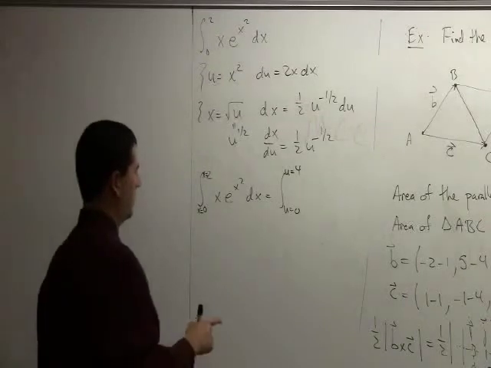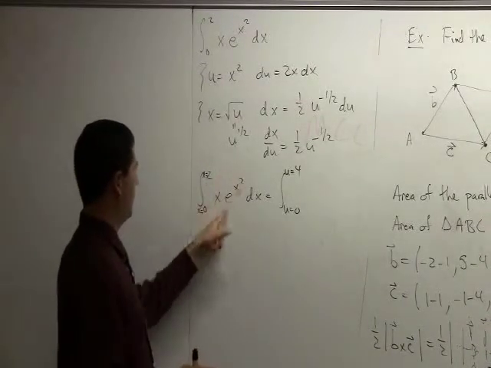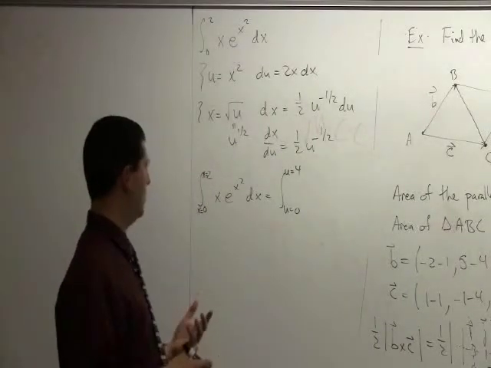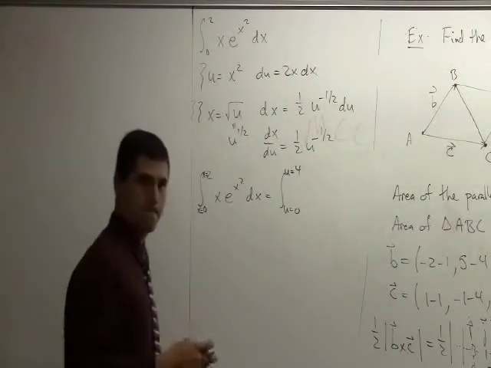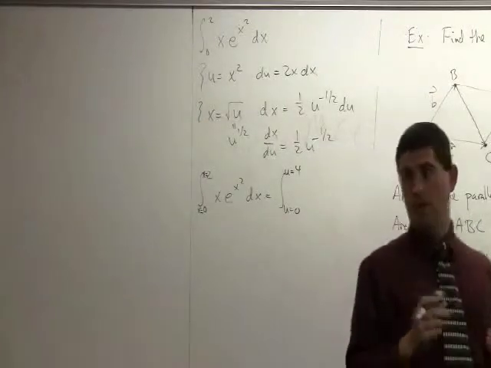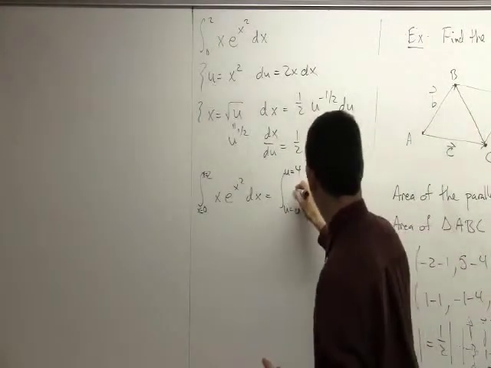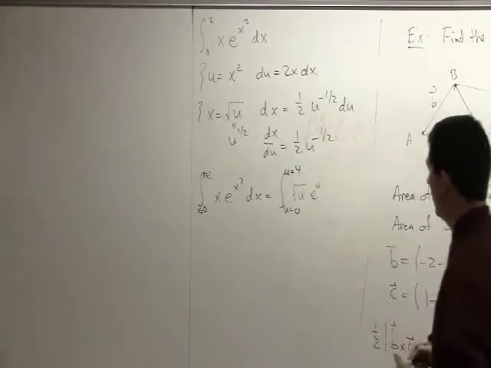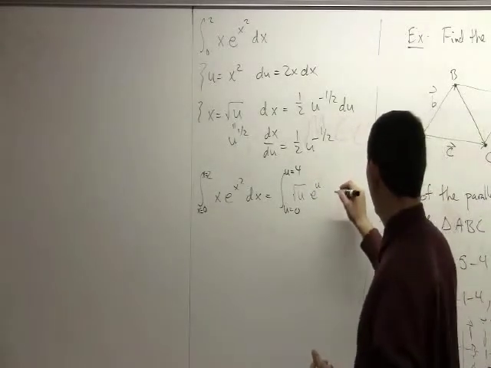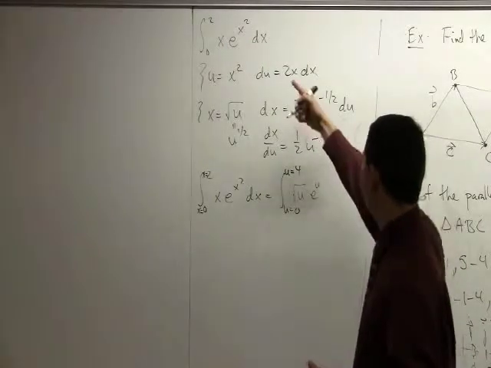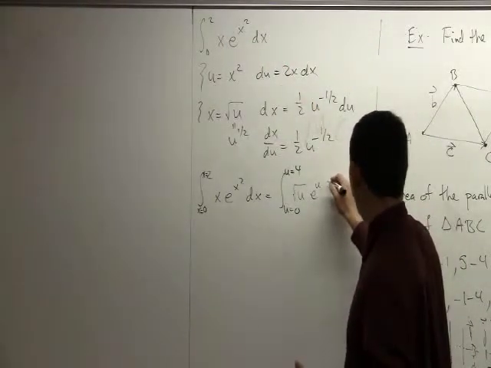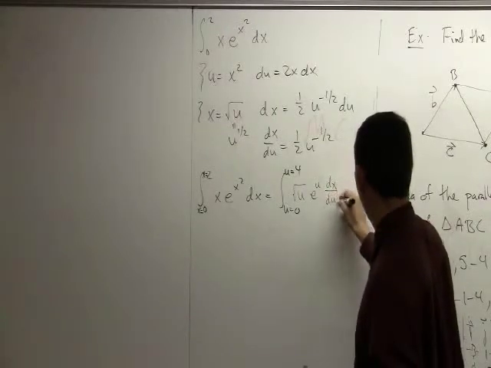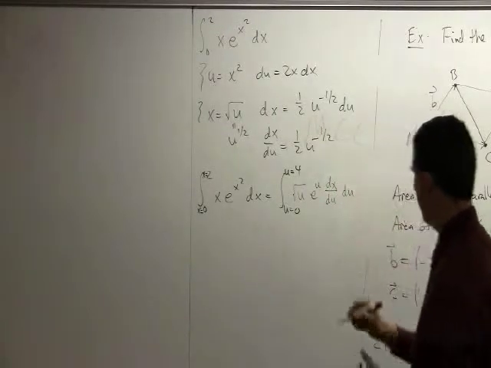But now we can rewrite this in terms of the u's. I could write square root of u, e to the u, and then I still have this dx lying around that I can't really substitute away, but I can write it like this: dx/du times du.